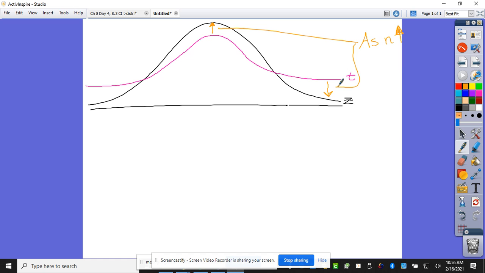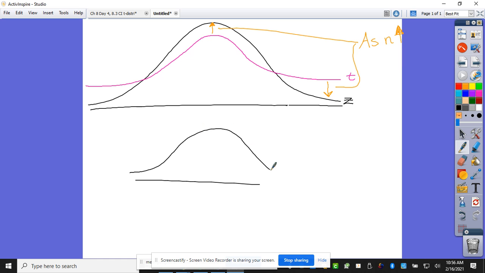It gets closer to z here, which means the middle gets higher. Yes, as n increases. And you don't need to draw this, but I'm drawing one curve to show all of them.